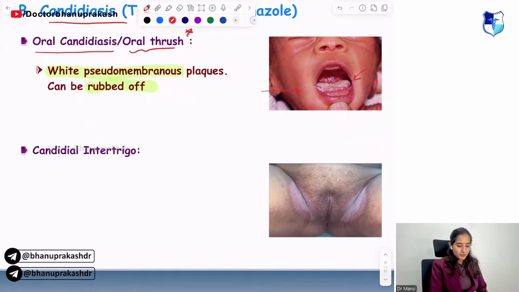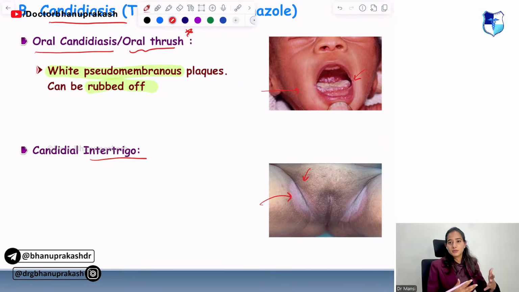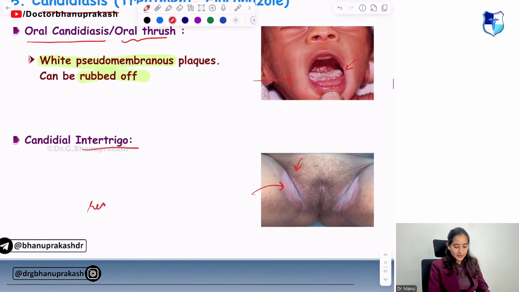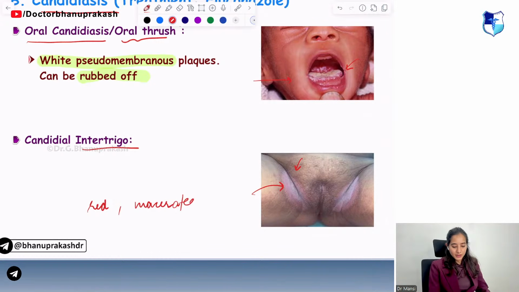Now, the second type of candidal infection is candidal intertrigo. It is present in places like under the breast or in the thighs, because this area gets wet from sweating, so it doesn't get much air. You can see a red macerated plaque in this condition.